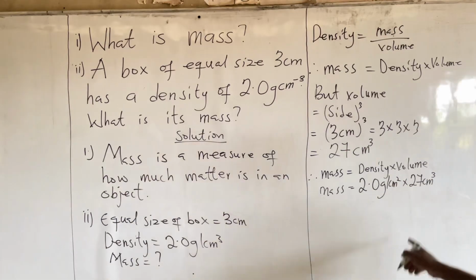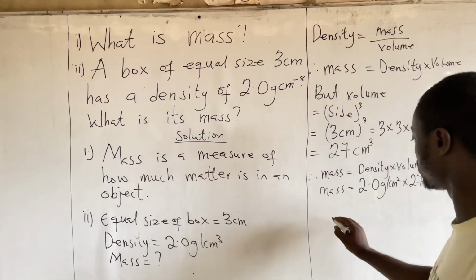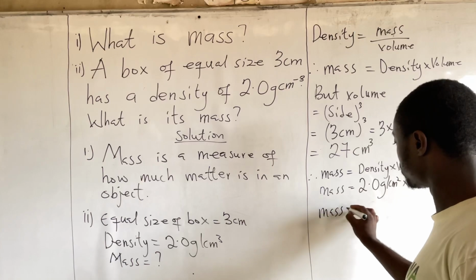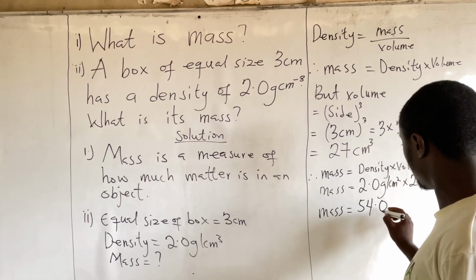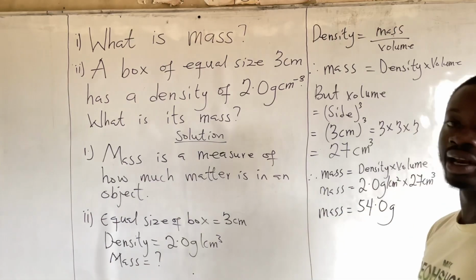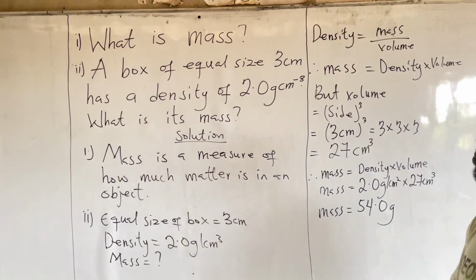And then 27 times 2 will give us 54. Then we have 0.0 here, so we get mass to be equal to 54.0, and mass is measured in grams. Therefore, the mass of this question is 54.0 grams.